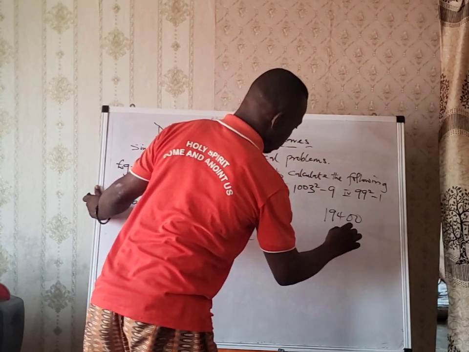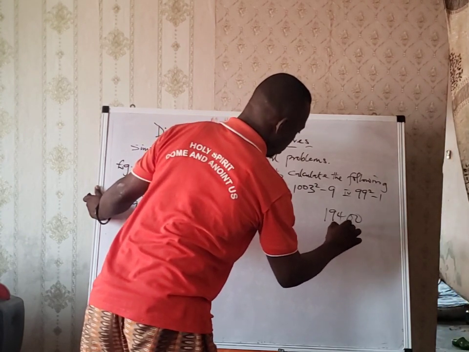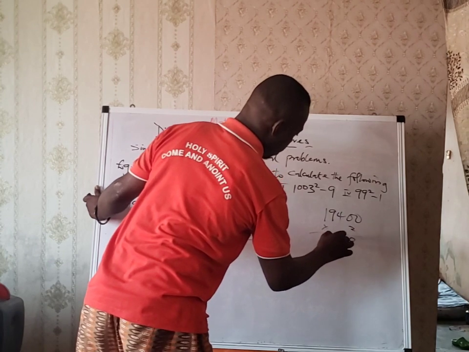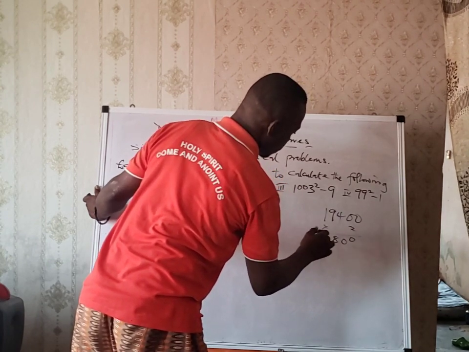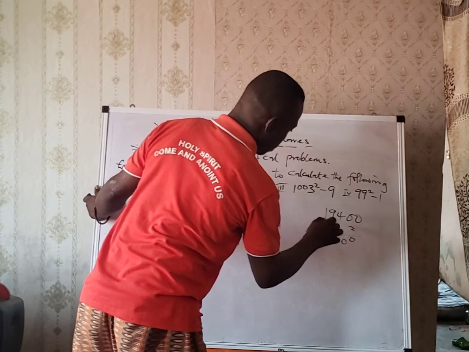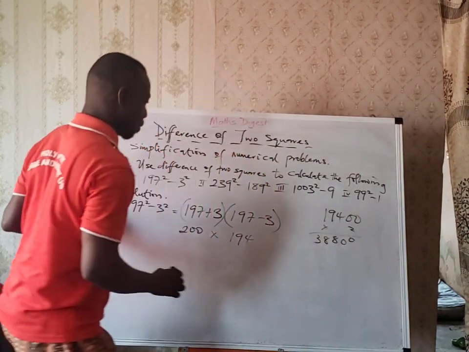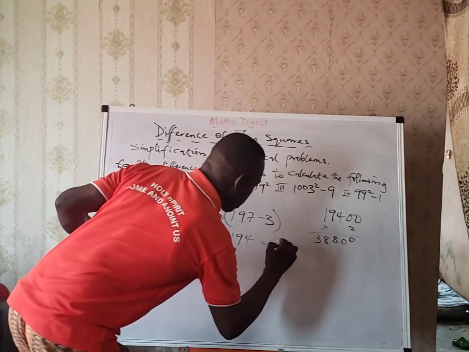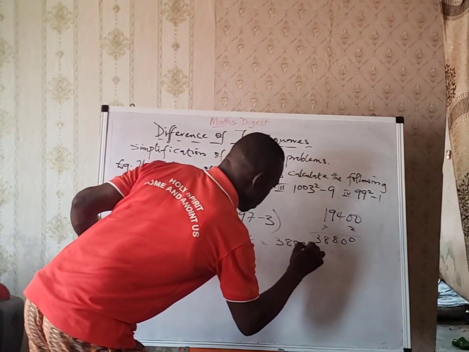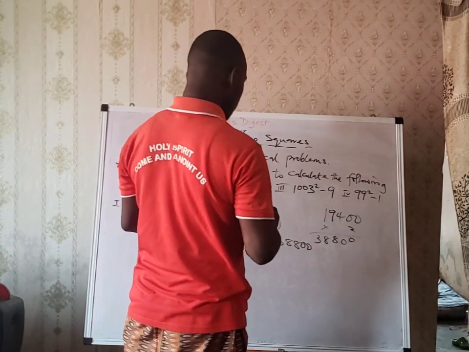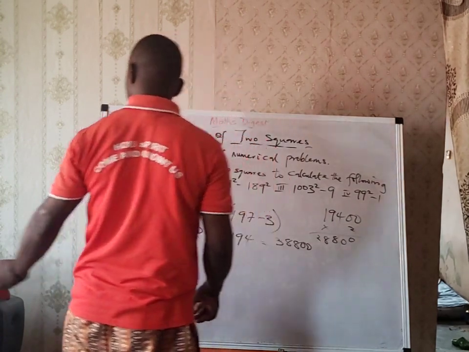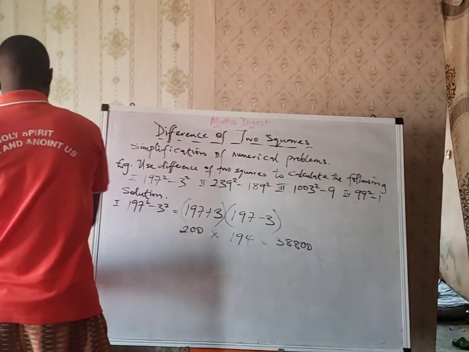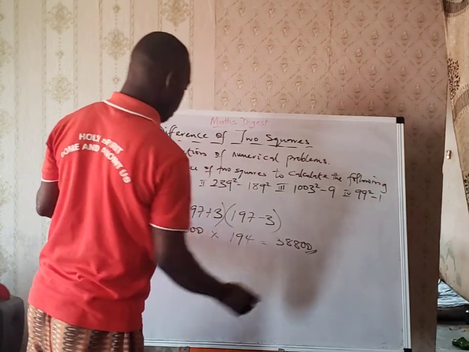We have 0 times 2 is 0, 0, then 8, 8, and 3. So we have 38800. This is what it will give us, so this is the final answer.